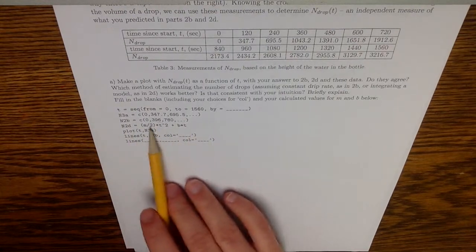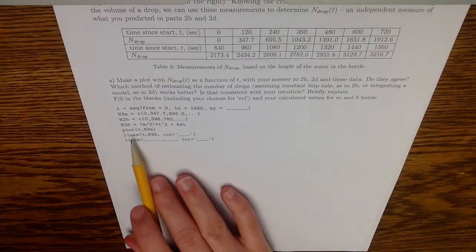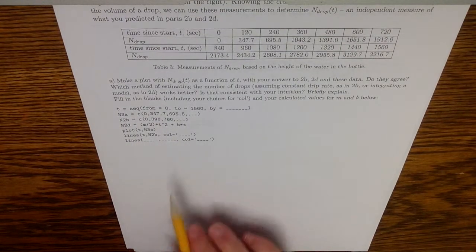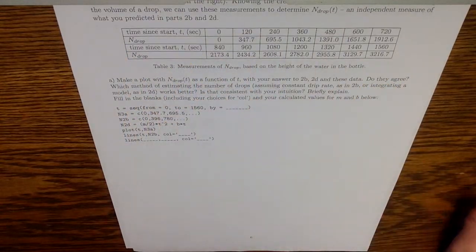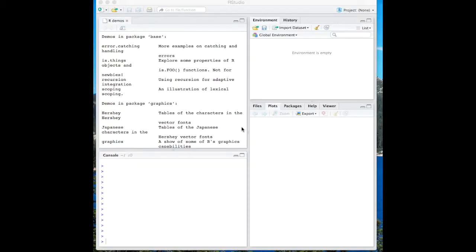We're going to plot them all in the same graph and see which one fits this data best. So we're going to plot the data from problem 3a, the data that we calculated in part 2b, and the integral that we calculated in 2d.